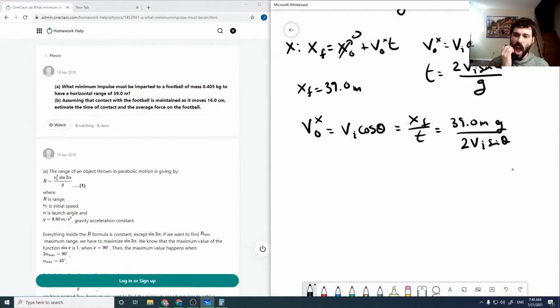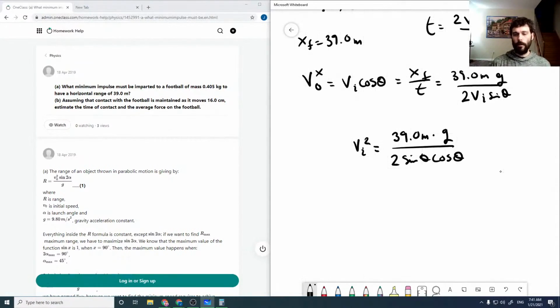So we can rearrange this now to say that vi squared is 39.0 meters times g over 2 sine theta cos theta.